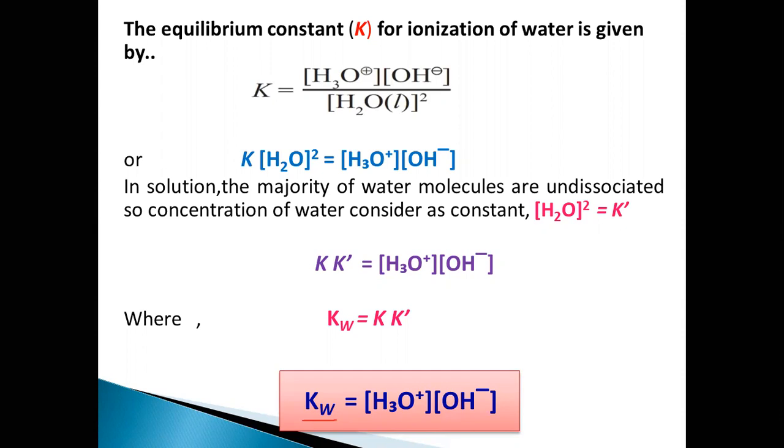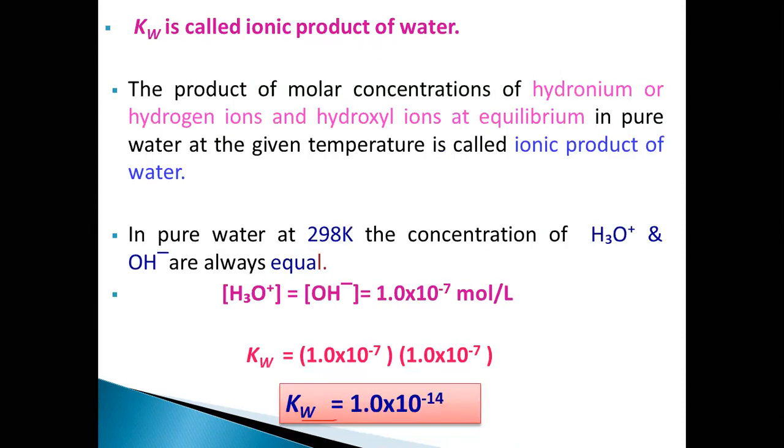H plus ion, that means hydrogen ion. It is the product of concentration of hydronium or hydrogen ion and hydroxide ion at equilibrium condition, right? In pure water at a given temperature it is called the ionic product of water.